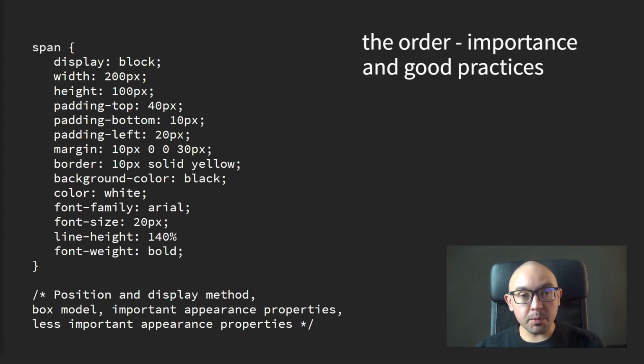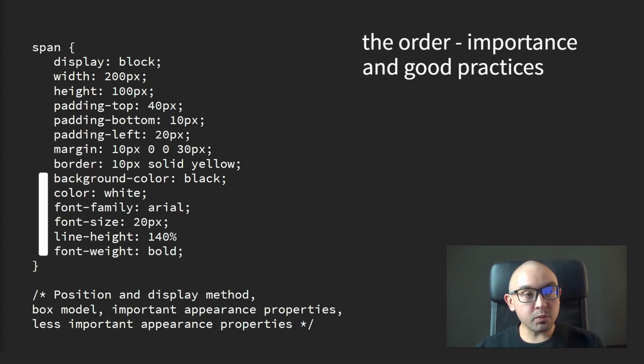We write the properties from the most important to the least important. First, the properties about the position and display of the elements, because such changes are the most important in terms of how this element works and how it behaves on our website in relation to the other elements. Then we define the properties related to the box model of our element.